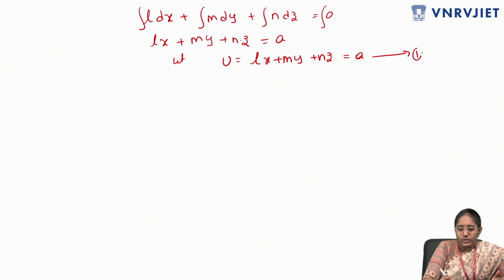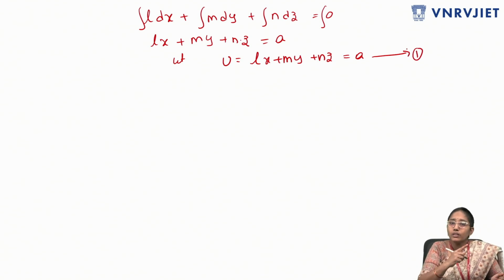This is one equation. Now we need to find one more equation, v is equal to b, either by the fraction method or by the multipliers method. Here the fraction method is not suitable, so we consider another way, multipliers other than these l, m, n.